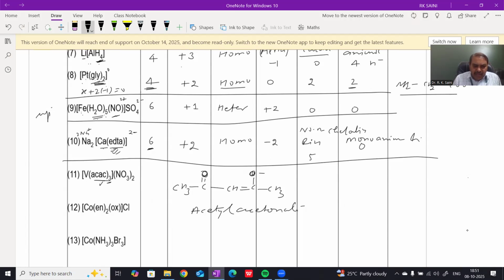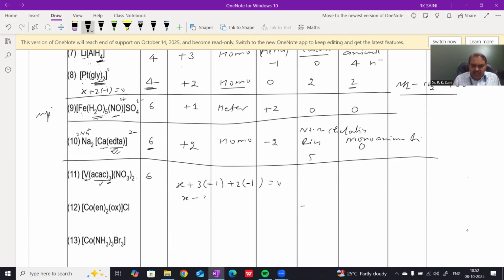When 3 bidentate ligands attach to the central atom, the coordination number is 6. Next, the charge on the metal atom. After removal of the nitrate ion, the oxidation state of the metal atom: assume the oxidation state of vanadium is X. 3 acetylacetonato carry -1 charge each and 2 nitrate ions carry -1 each, and the net charge is 0.